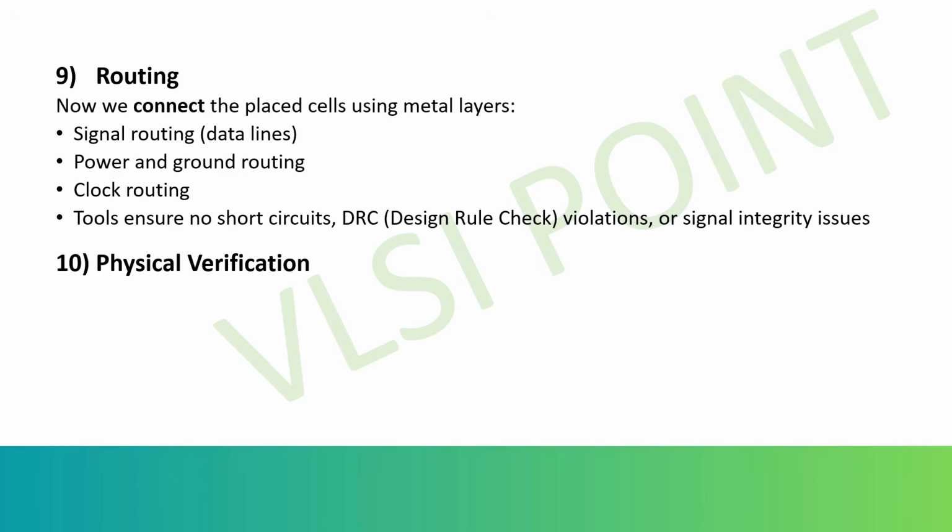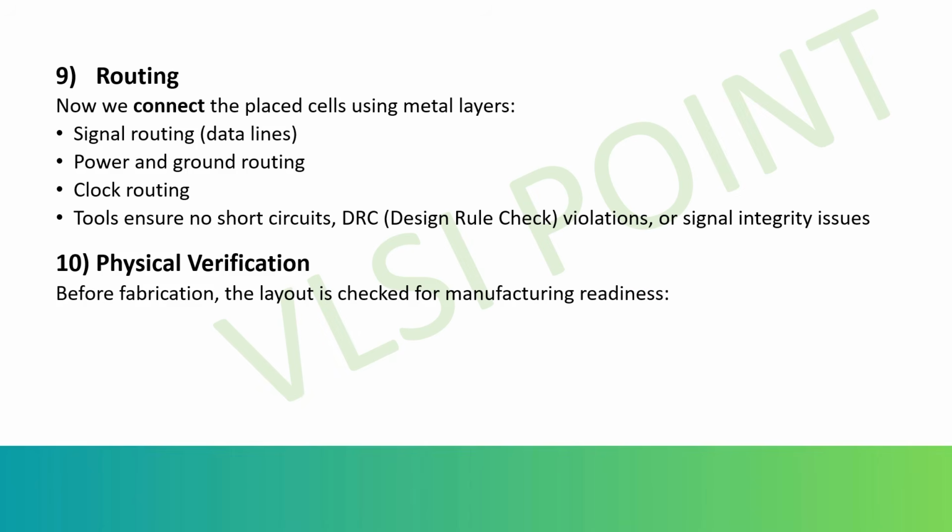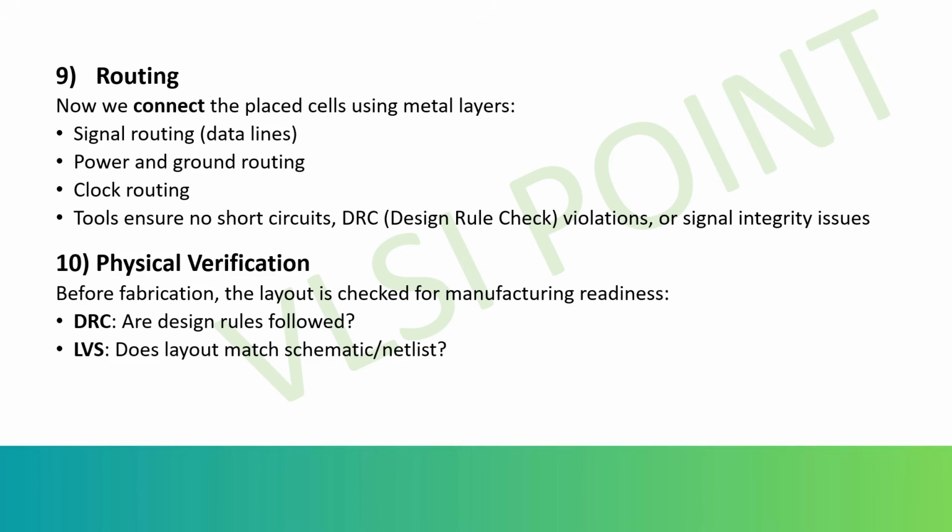After that, we will have physical verification. So before sending the layout for fabrication, perform final checks to ensure it meets foundry requirements. The major checks are DRC, that is design rule check, which ensures all geometries follow fabrication limits. Then LVS, that is layout versus schematic, so it ensures the layout matches the logical design.